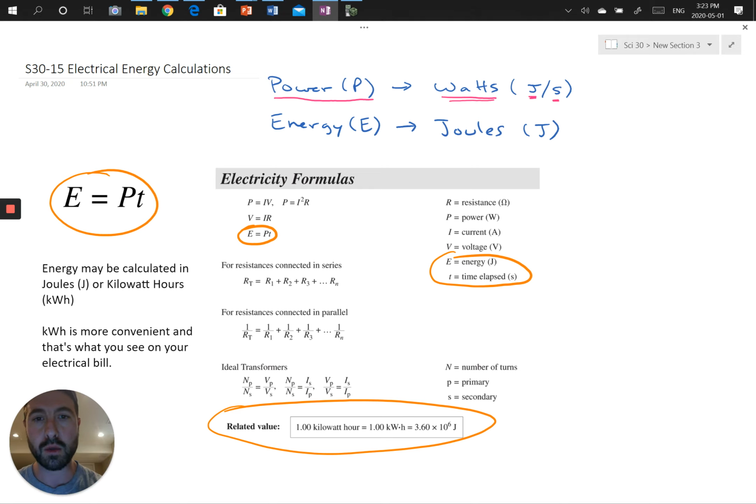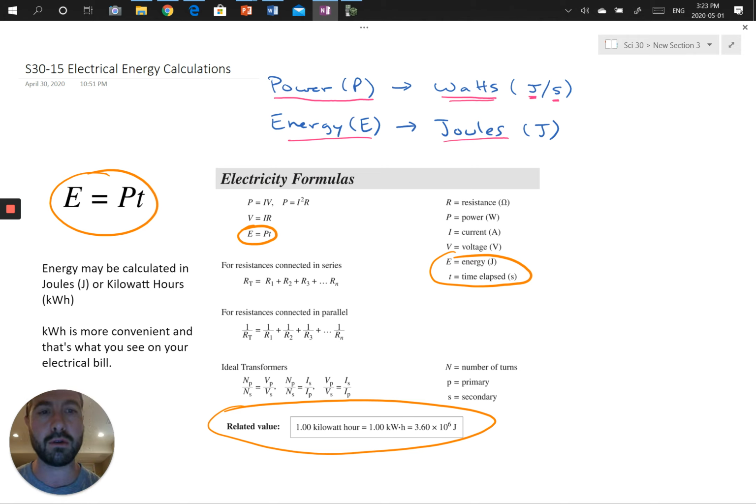Now we can use power to figure out how much total energy is being used. And you guys know energy can exist in a lot of different forms. We're talking about electrical energy here. Energy for us is going to be measured in joules or something called kilowatt hours, which we'll look at in a second. But really, when I'm looking at watts, it's how much energy is being used per second.